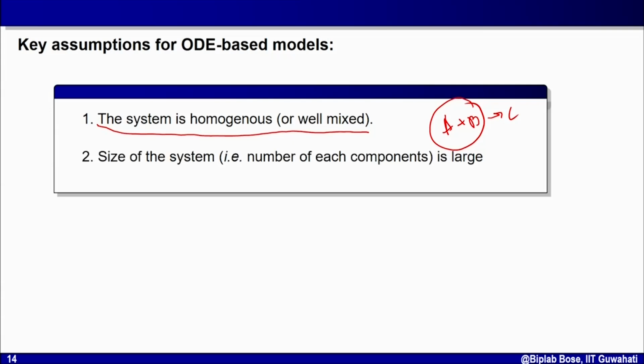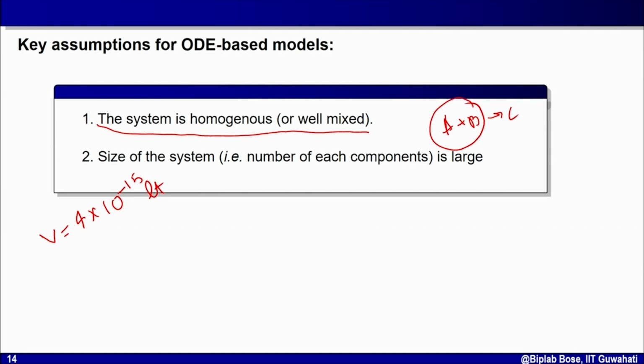The second criterion is that the system size has to be very large. Otherwise, you cannot use an ODE based model. Let me give you an example. Suppose I take a cell of volume, say, 4 times 10 to the power minus 15 liter. A cell is usually 1 micron in diameter, so if you calculate the volume, it will come in this range.